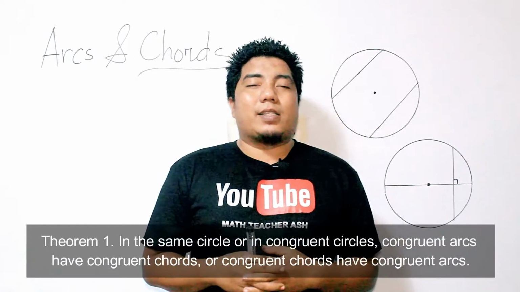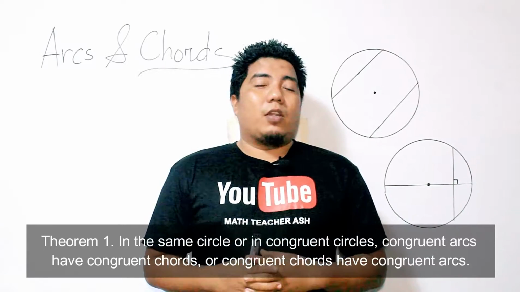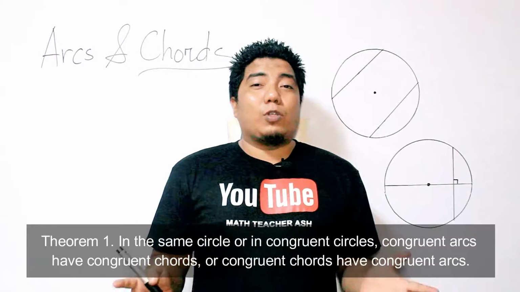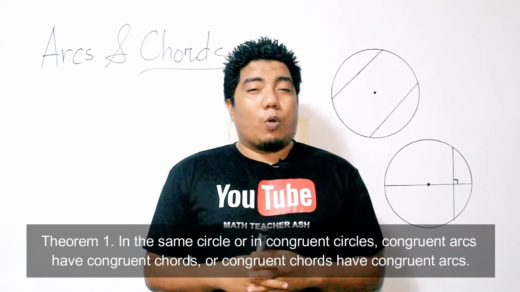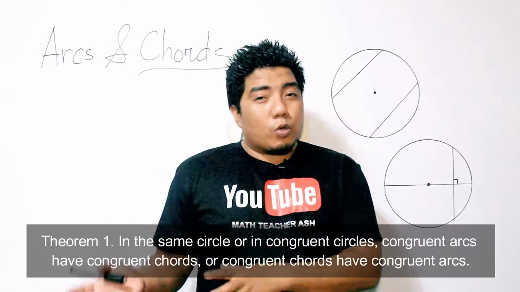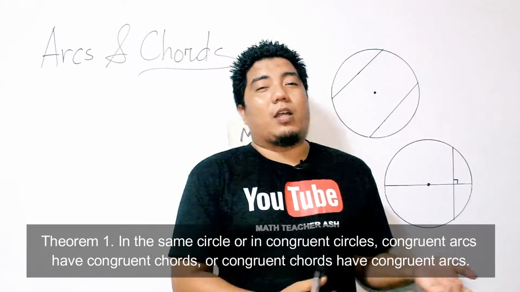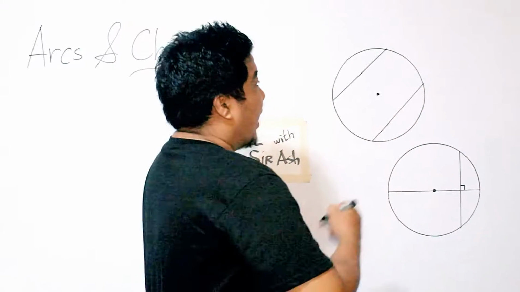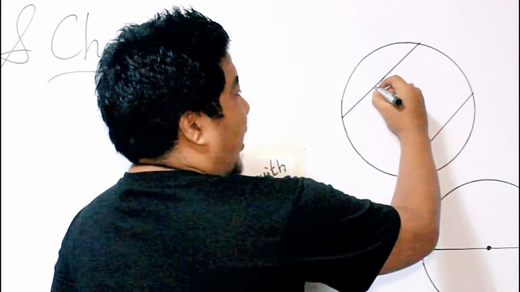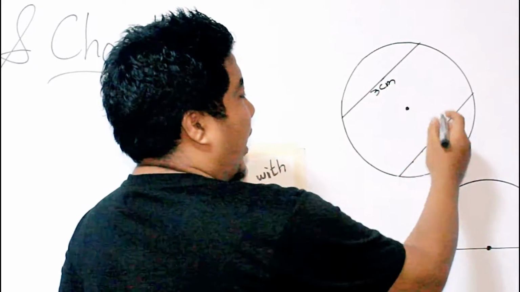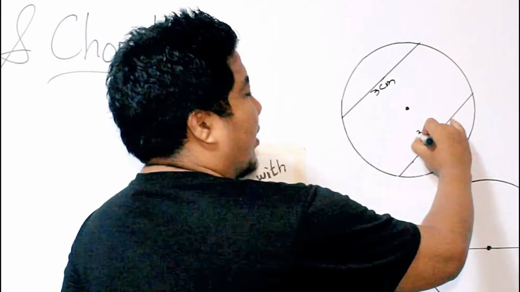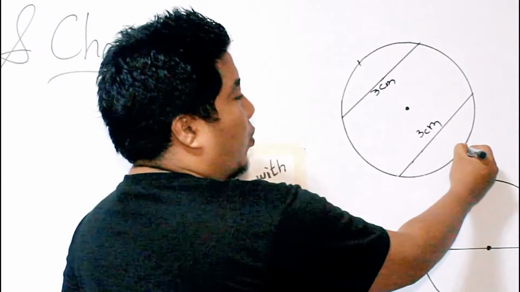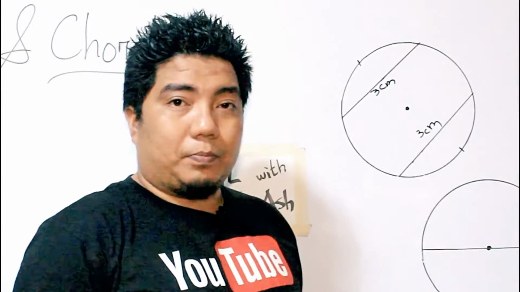Theorem number 1 states that in the same circle or in two congruent circles, congruent arcs have also congruent chords, or vice versa. Congruent chords have also congruent arcs. For example, let's consider this first figure. If this chord is 3 cm and this chord is also 3 cm, then we can say that this arc is also congruent to this arc.